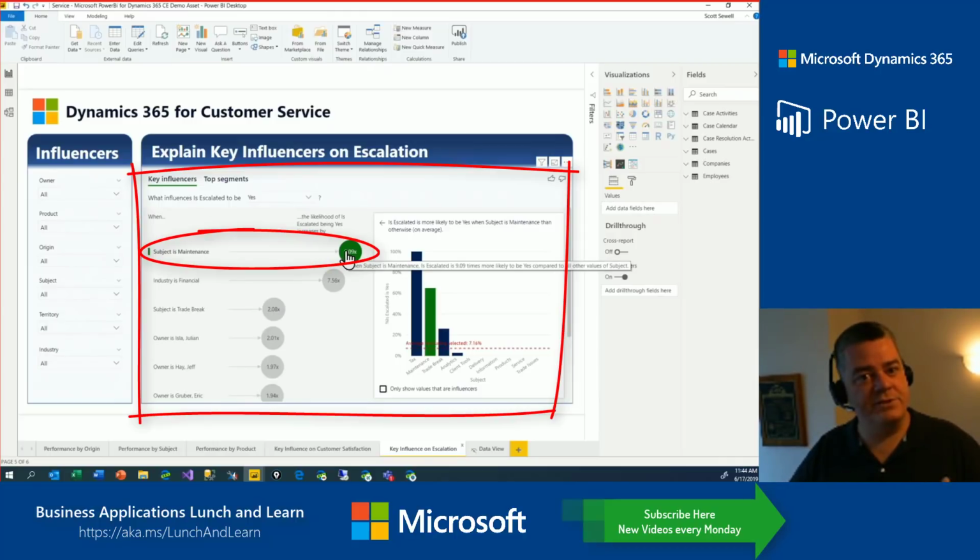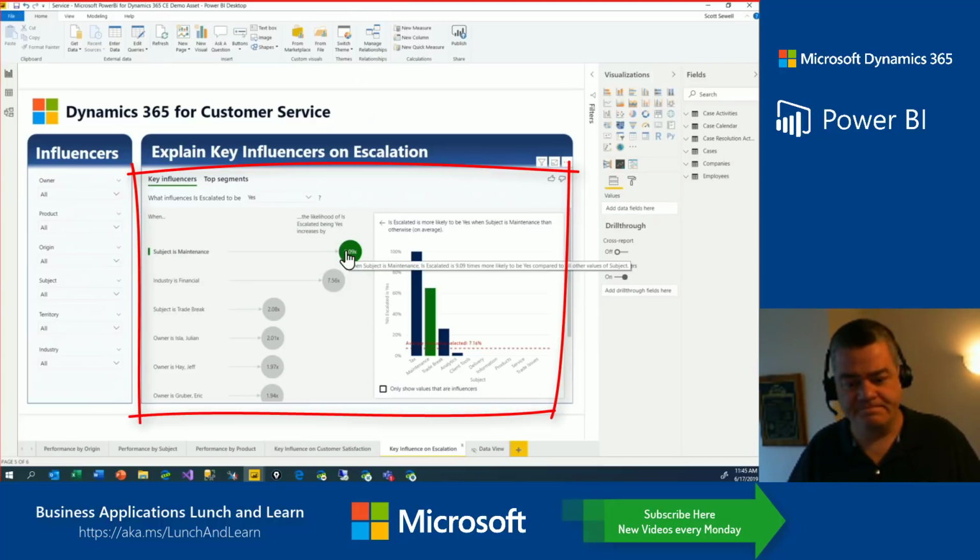But a business decision maker could look at that and say, aha, maybe I need to either automatically escalate maintenance cases to level 2 directly so that we can get a resolution faster, or can we bring some of that maintenance tooling or insight down to level 1 so that they can solve it on the first try and solve it faster and ultimately drive that customer satisfaction?